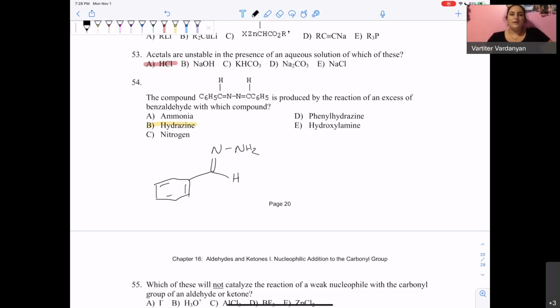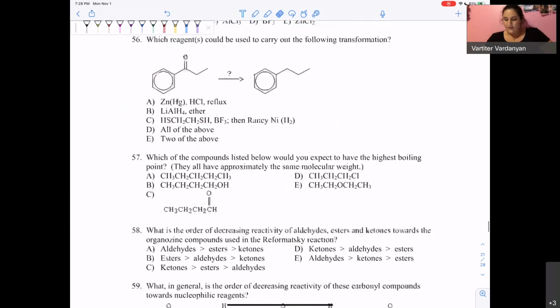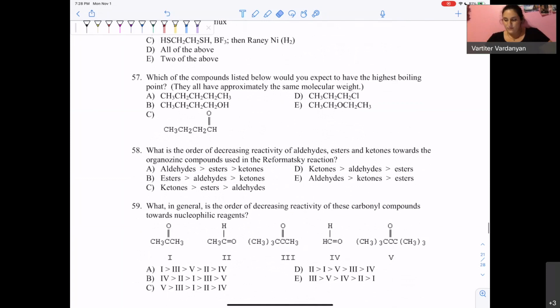Then if you have another molecule of benzaldehyde, this nitrogen would undergo the same reaction and get the benzaldehyde on here. So it's going through the same exact mechanism twice. And we would remove that H2O when it goes through the second reaction, right? Yep. Awesome.